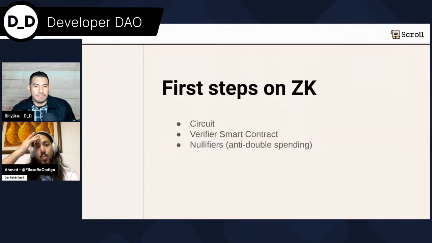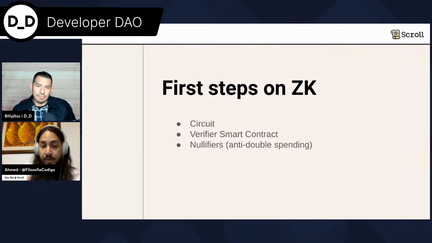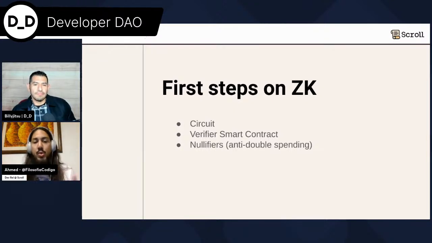Okay, so what we're going to do right now is create our first ZK app. We're going to create a circuit and see how a language to create circuits looks. Then we're going to create a verified smart contract. All your Solidity skills that you already have also apply when you create a circuit app. It's not like the circuits are replacing the smart contracts; they are working together.